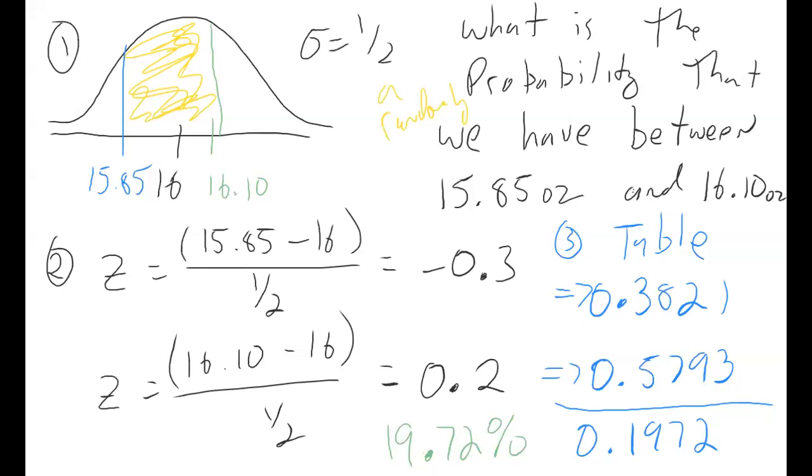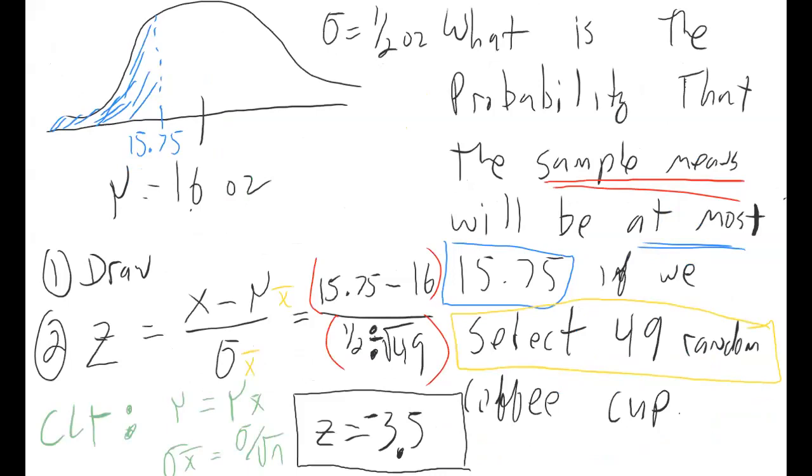Then we get here: what is the probability that a sample mean will have at most, if we select 49? We have now picked more than one, so we must apply the central limit theorem. The only thing that changes is we have to find a new standard deviation.